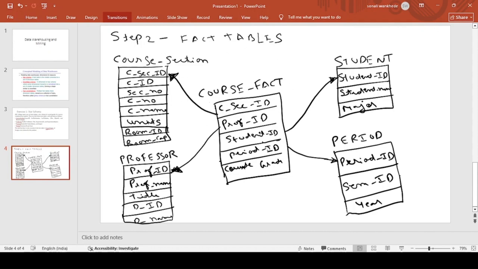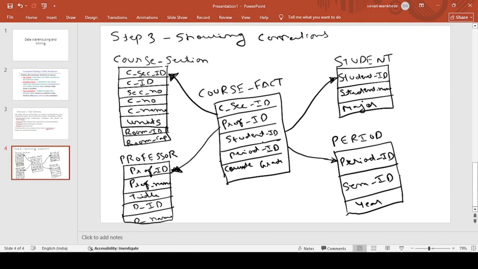Step number two is creating fact tables. And what will be your step number three here? As we have discussed, step three is basically placing all the values inside the fact table. Step three is listing down the values and showing the connections. We are actually showing the connections here.